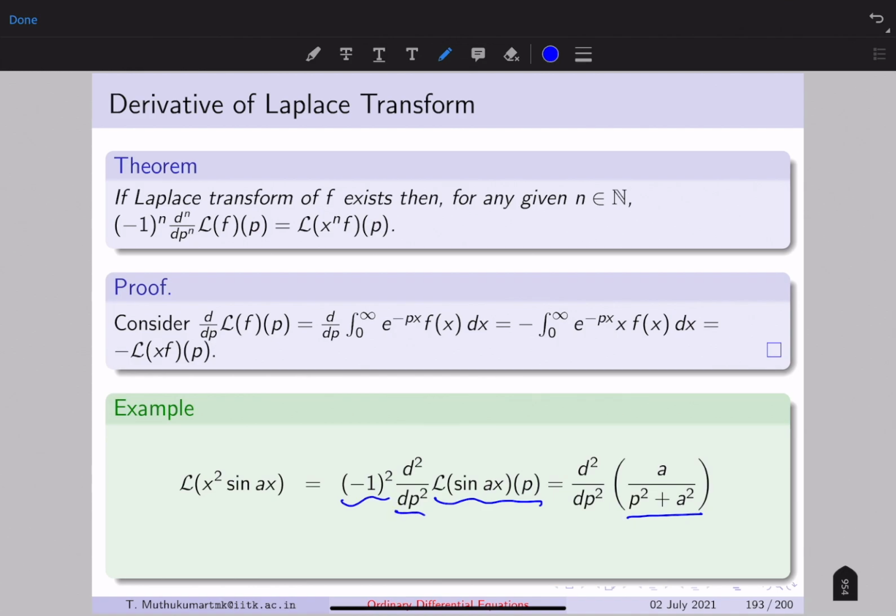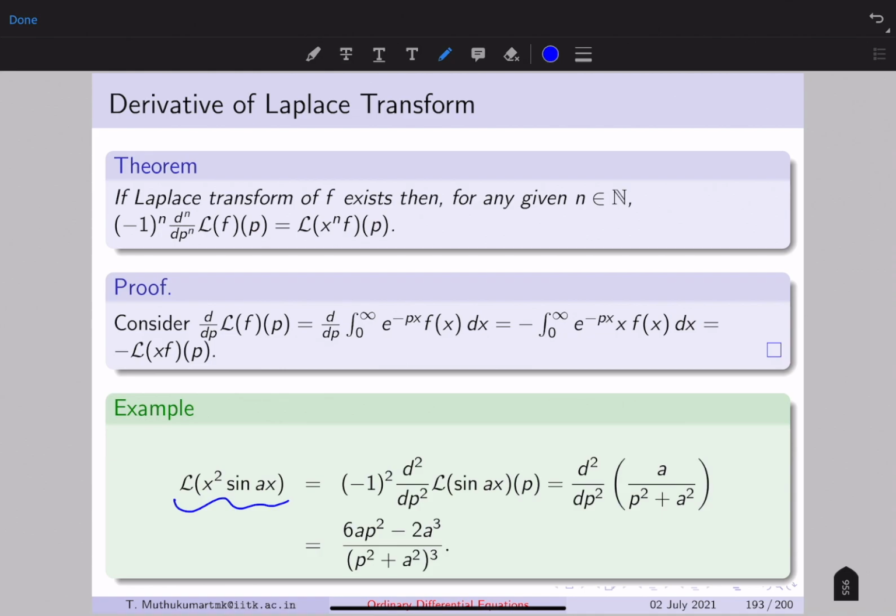Then take the second derivative with respect to the p variable. If you differentiate this twice with respect to p, you get some function, and that is precisely the Laplace transform of x square sine ax.